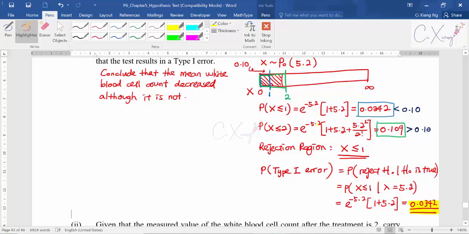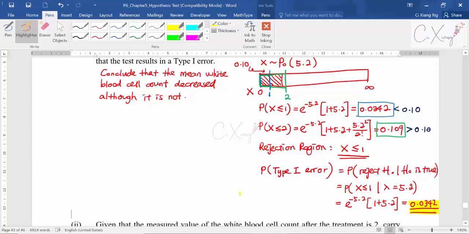But in short, you still need to find the rejection region before you can calculate the type 1 error. So this is what you have for part number 1. You already get the rejection region from the first part, then you can use this rejection region to continue with other calculations later.